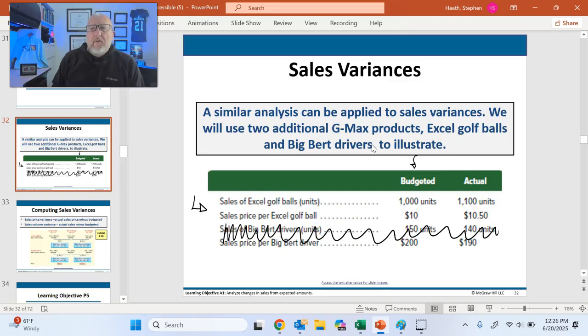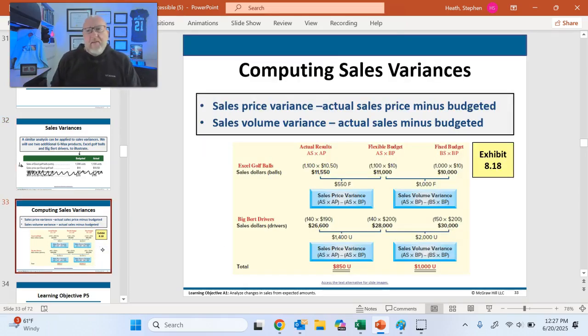So all else equal, it looks like our actual results exceeded our budgeted amounts. And I want to know by how much is the difference and how much relates to the fact that we sold at a higher price as opposed to how much we received because we sold more units. And so that's what this schedule is trying to attempt to articulate.